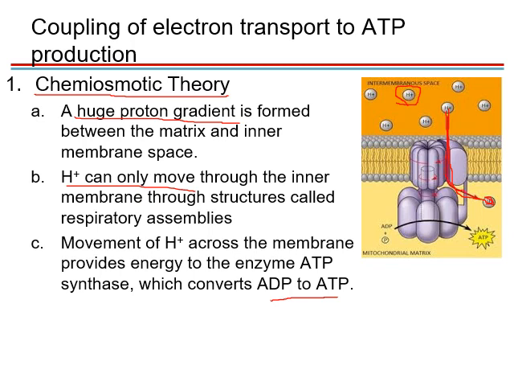For each 3 protons that move through, that's going to be enough energy to catalyze the reaction of ADP to ATP. So that energy in the gradient is being used to fuel that reaction, ADP to ATP.